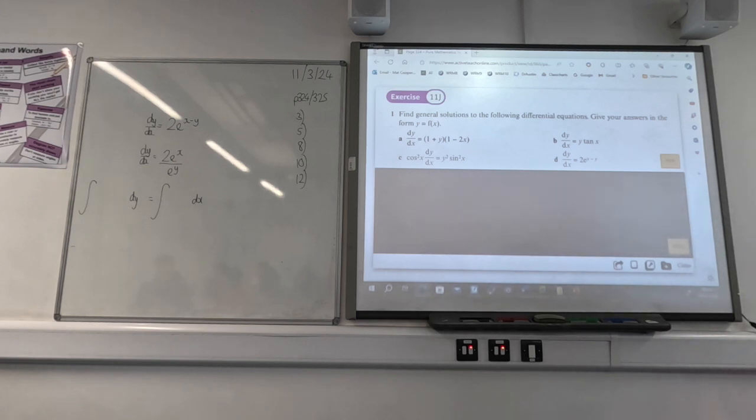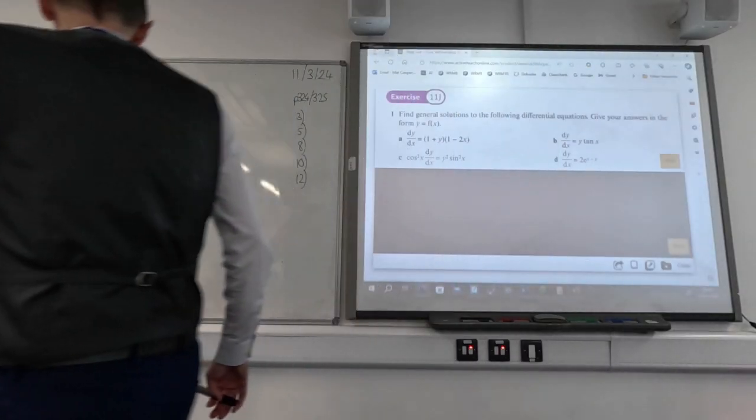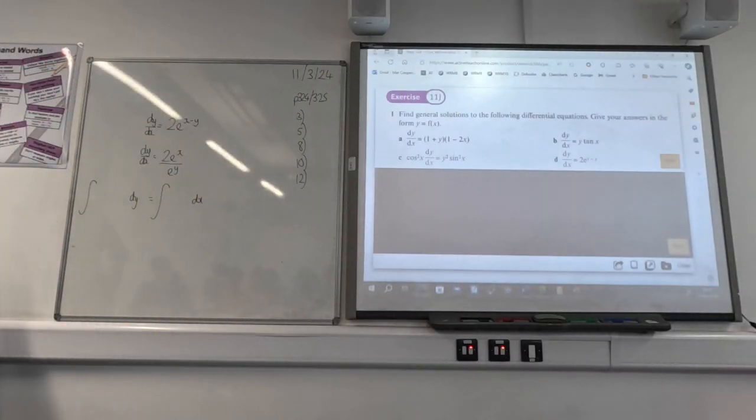So we want the dx, I've multiplied both sides by dx, so we've got dx on the left hand side, and I want everything with an x on that side, and then the dy has stayed where it was, and I want everything with a y on that side.